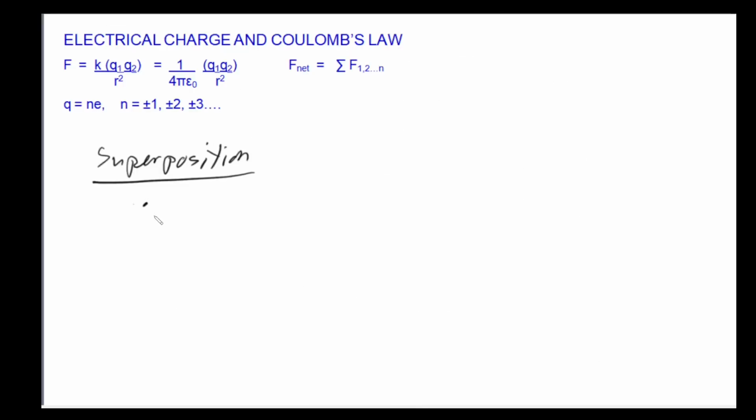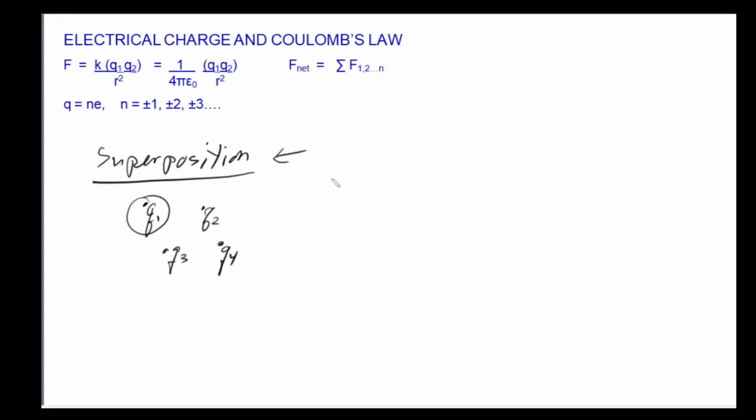Now, what if you have multiple charges? And you want to look at the force on one of the charged particles, let's say Q1. We use the principle of superposition to find that.